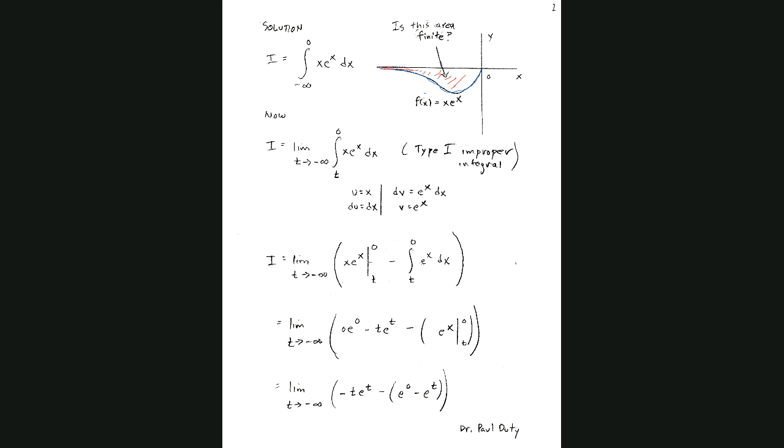The question is, at what rate does this area accumulate? Does it accumulate fast enough so that the area is infinite, meaning negative infinity, because we know the area is negative here? Or does the area accumulate at a slow enough rate so that we get a finite answer? That's the question. Is the area finite?